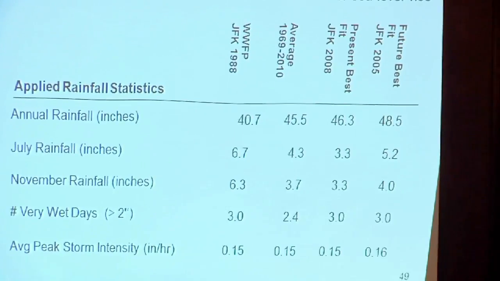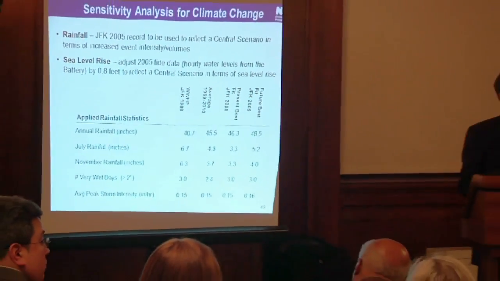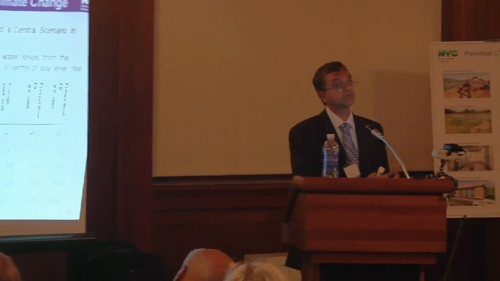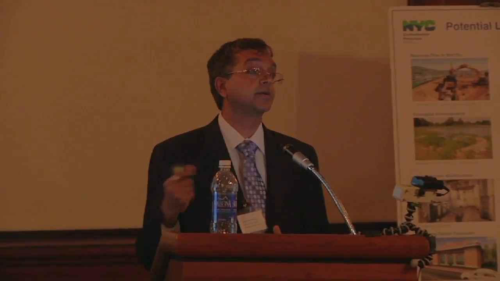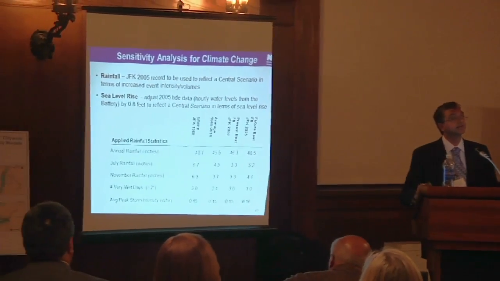So our plan is to use 2005 as a sensitivity analysis to understand how the sizing of our facility based on the 2008 typical year would function. That's the way we are planning to address it. And this includes, as you could see on the top, not only the rainfall, but also a 0.8 feet adjustment to reflect the sea level rise.